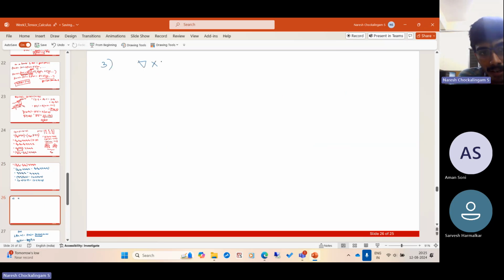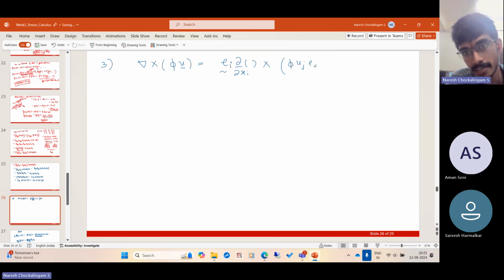Here the third one is the curl of phi u. Phi is a scalar function, u is a vector function. Again, for the cross product, use the index notation. The cross product can be written as epsilon ijk ei. Before that, let's write the operator as ei dou by dou xi, cross producted with phi u, and this vector you can write as phi uj.